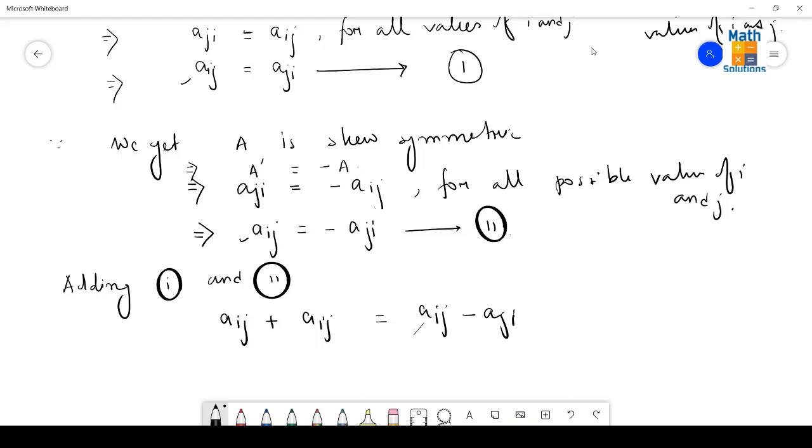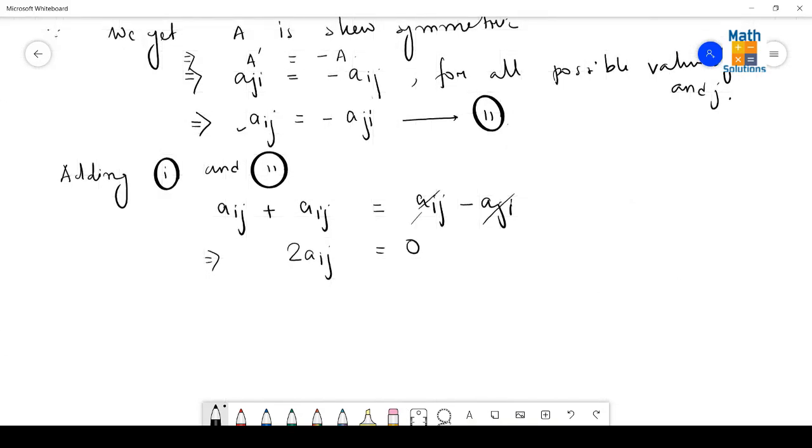Both these terms get cancelled, and I get twice AIJ is equal to 0. Dividing both sides by 2, I get AIJ is equal to 0. This implies that capital A is a zero matrix.